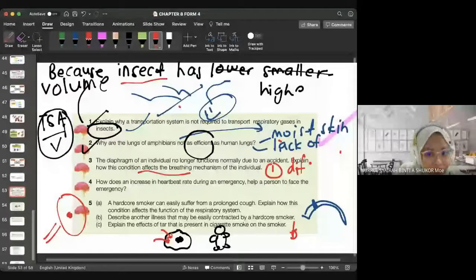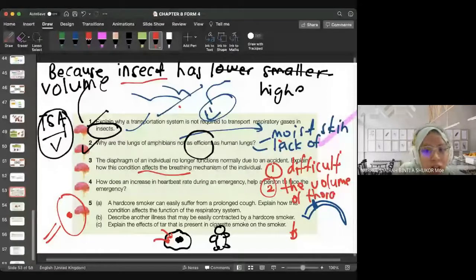Markah kedua, alright, function of diaphragm adalah untuk control thoracic cavity. So the volume of thoracic cavity cannot be controlled because diaphragm fail to contract and relax.